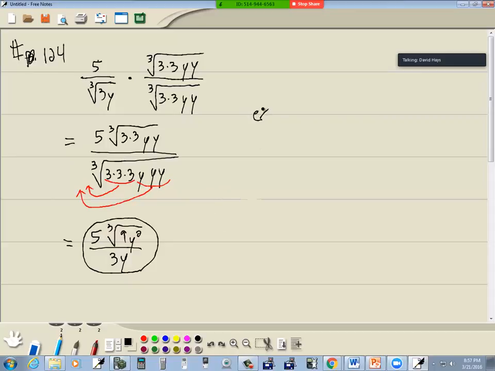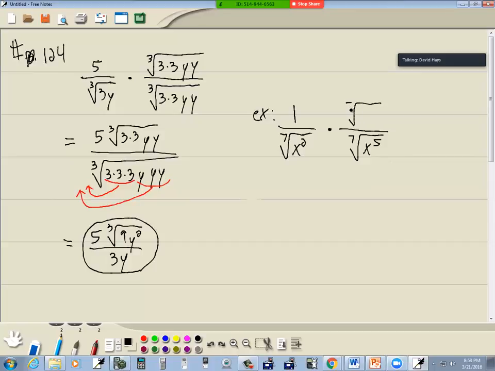Now let me make up an example just to really drive that home. If I have the 7th root of x squared, our index is 7, which means we need 7 of whatever. I already have 2 x's, so I would need 5 more x's.